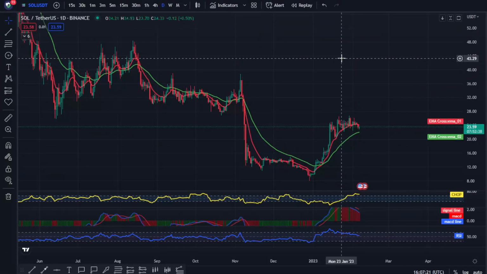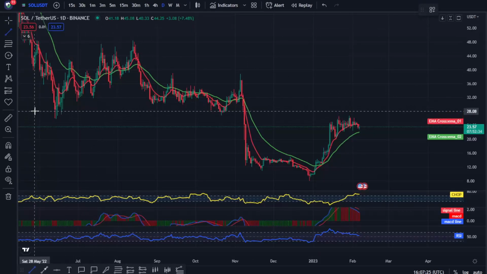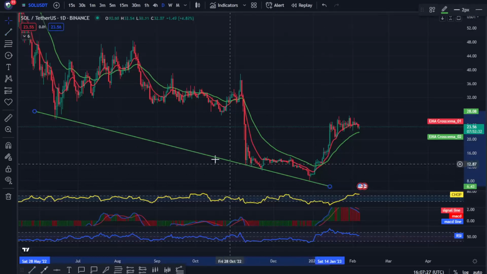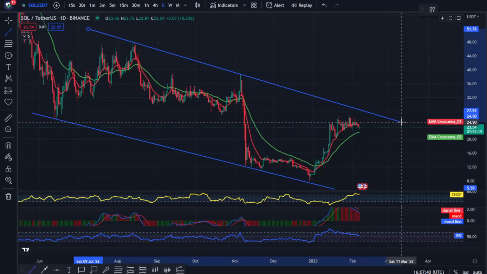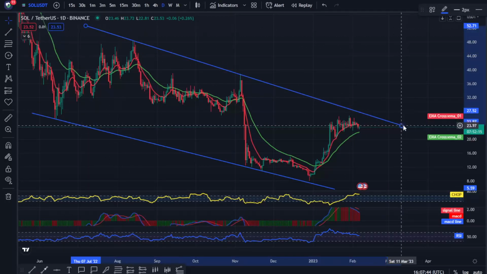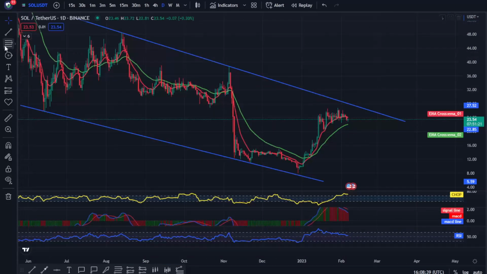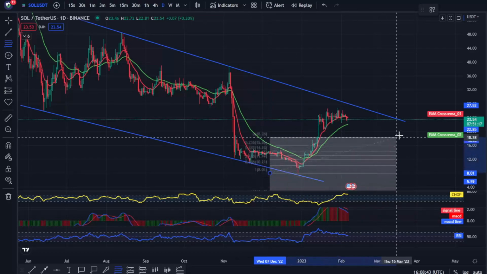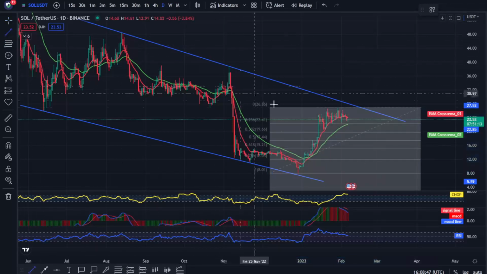The last one in today's chart is the chart of SOL in pair to USDT on a one-day interval. First, we will use the blue lines to mark the downtrend channel where the price is moving in the upper range. Moving on, we can move on to marking support areas when we start a larger correction.